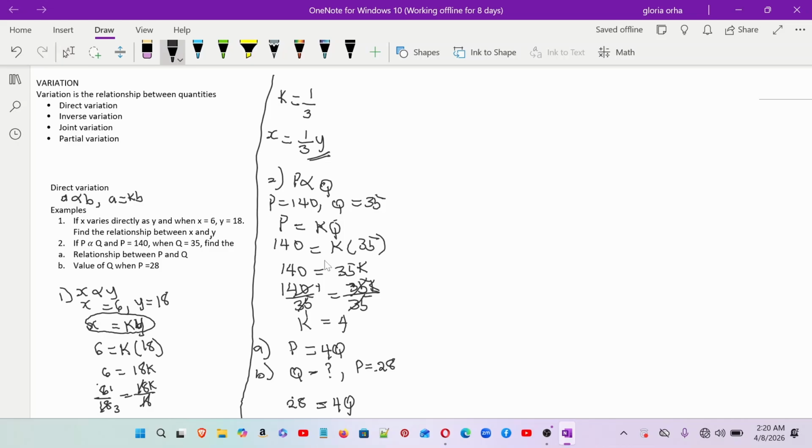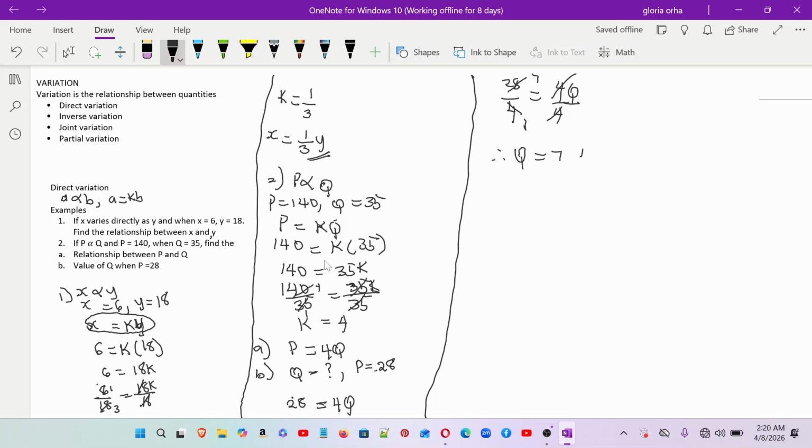For us to solve for Q, we divide both sides of the equation by 4. So we now have 28 over 4 equal to 4Q divided by 4. So 4 divided by 4 is 1, 28 divided by 4 is 7. So therefore our Q equal to 7.